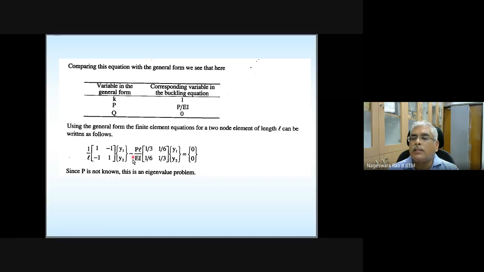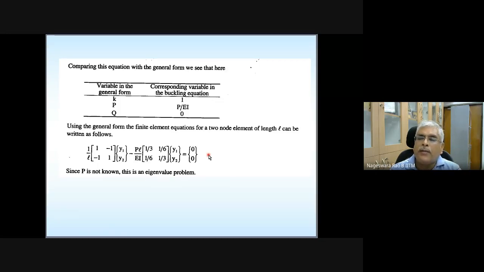This is alpha, and this is B. So what I'm saying is A minus alpha times B multiplied by a vector x is equal to 0. So this is of that form, so it's an eigenvalue problem. Okay, so this is element equations. I hope you have taken note.